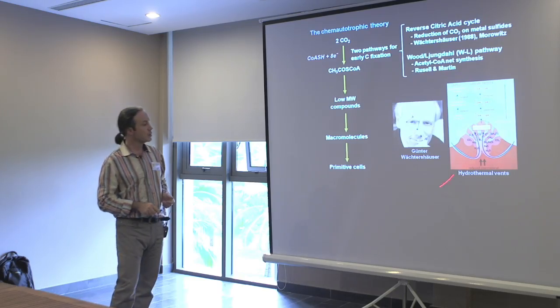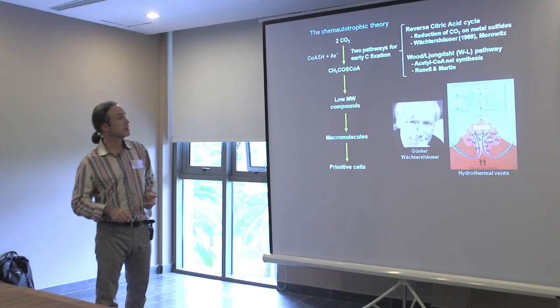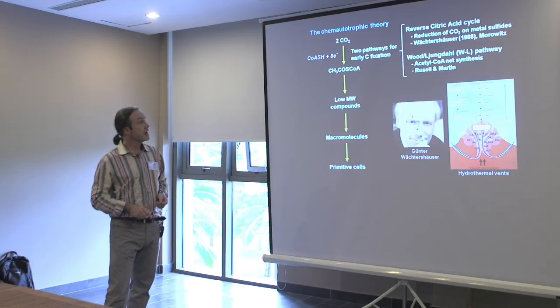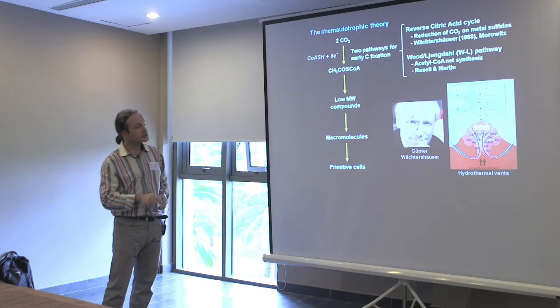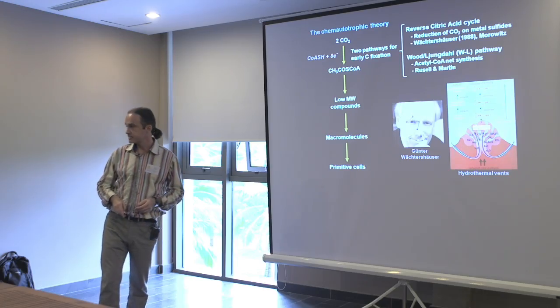This is the seminal work of Günther Wächtershäuser and others like Morowitz. And there is another pathway that goes to acetyl coenzyme A net synthesis. I will not go into details. It has been promoted by Russell and Martin. These models for chemautotrophic origin of life are associated to hydrothermal vents. Okay?